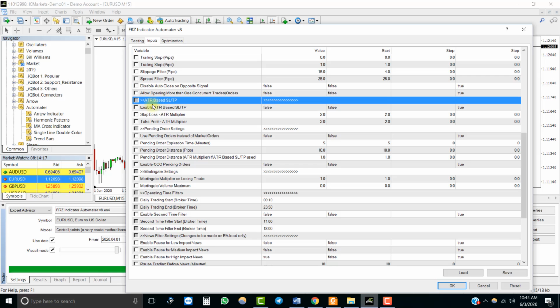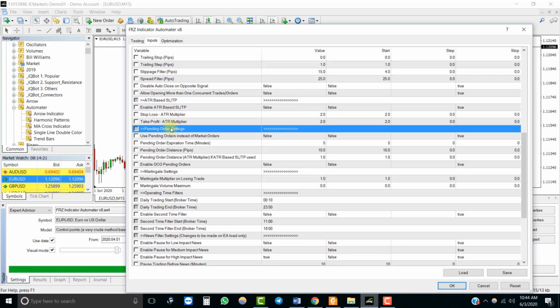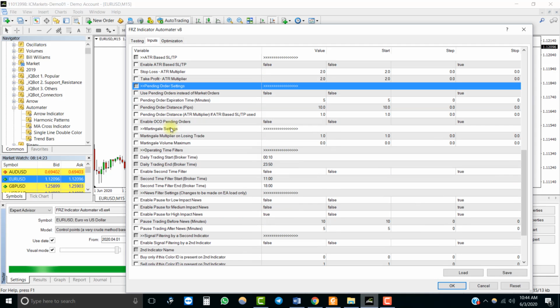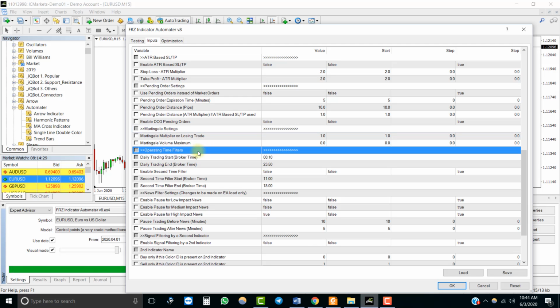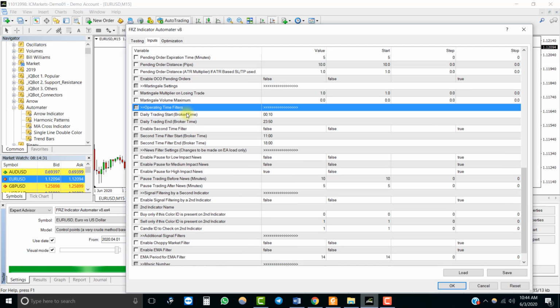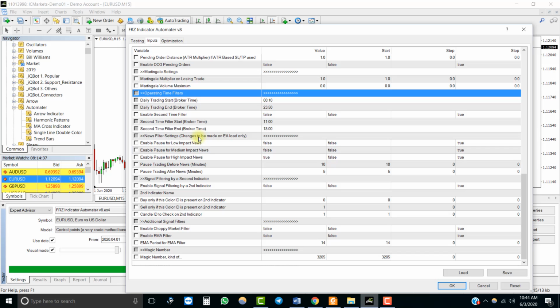You have so many options such as ATR based stop loss and pending orders instead of market orders, OCO orders, martingale, and time based filters, and a news filter.